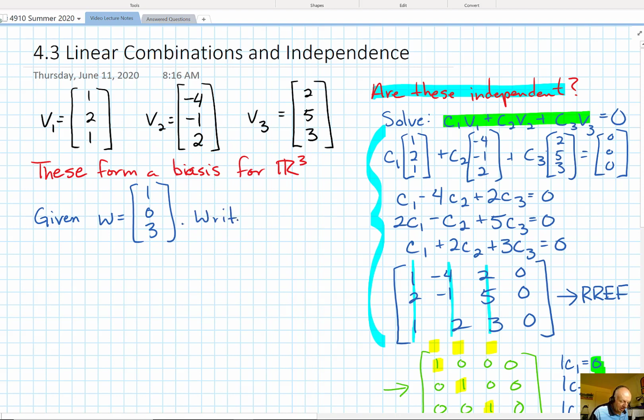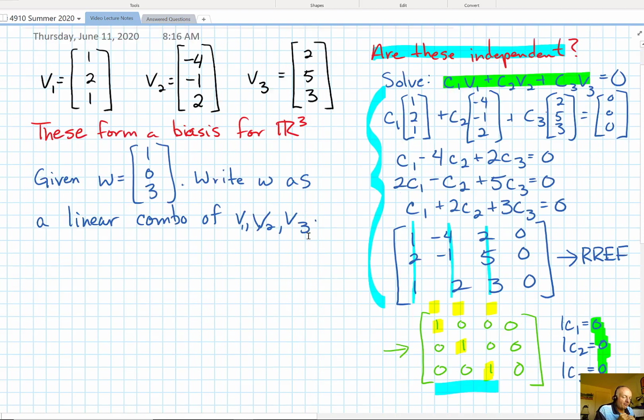Write W as a linear combination of V1, V2, and V3. All right. Okay.